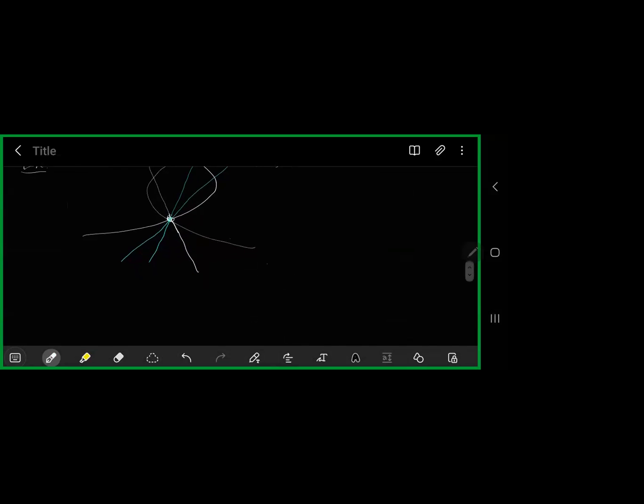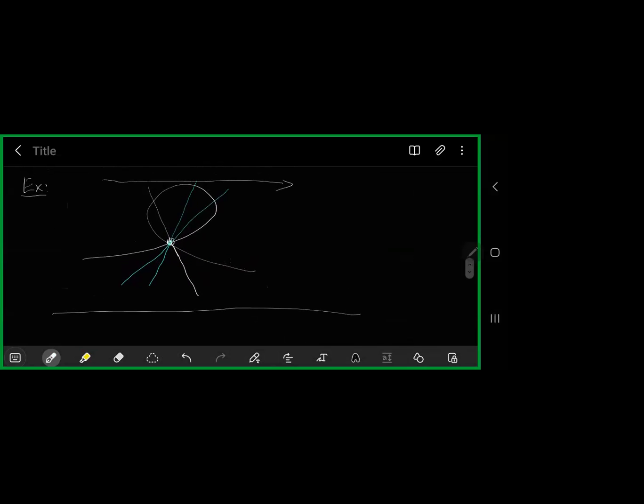So let's do something as follows. For each of those lines, extend those lines and intersect them with a chosen line L, okay? And project the second point of intersection.